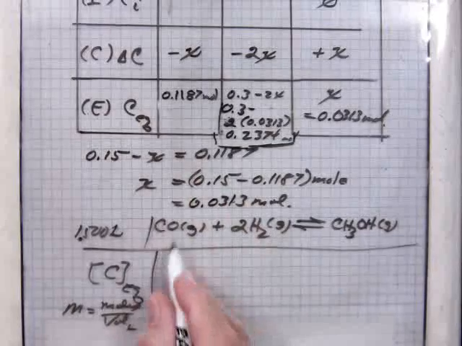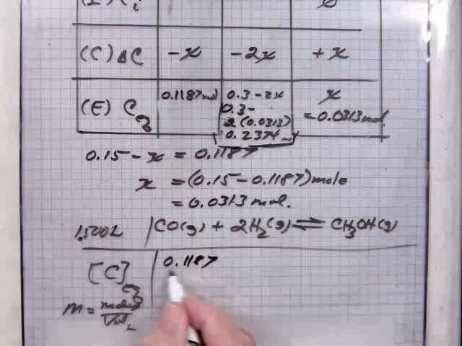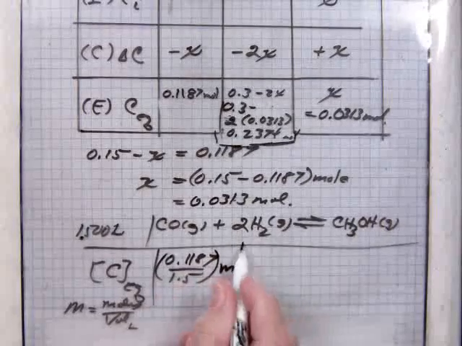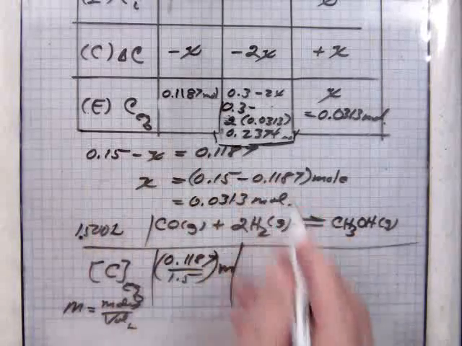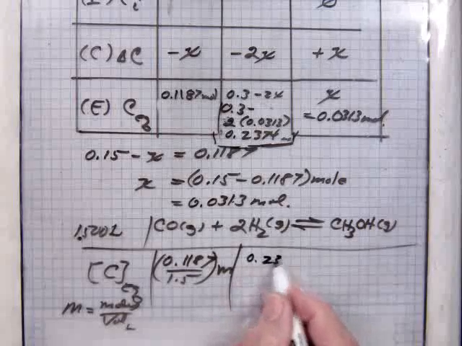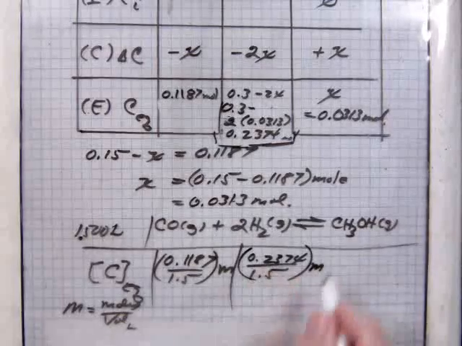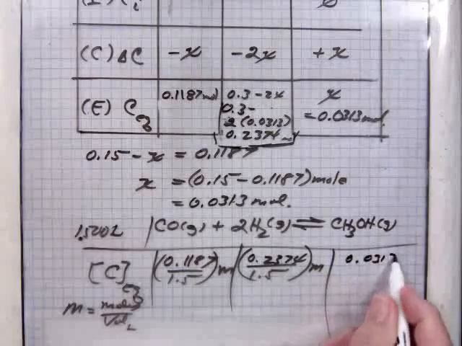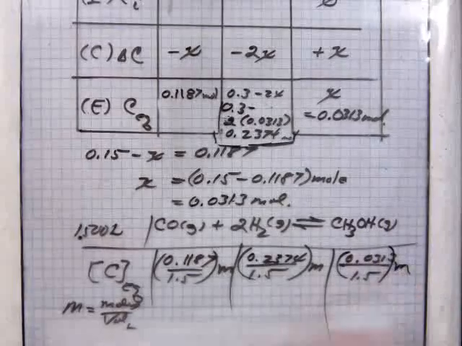For the carbon monoxide, 0.1187 over 1.5, and that's molar. And then for the hydrogen, we have 0.2374 over 1.5. That's in molar terms now. And then we have 0.0313 over 1.5, and that's in molar.